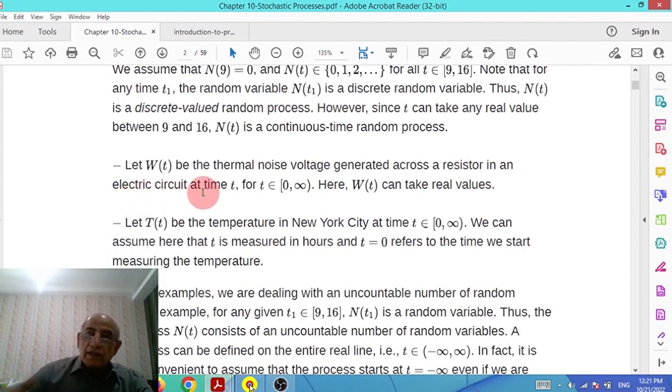Each resistor produces heat, and heat produces noise in the system.